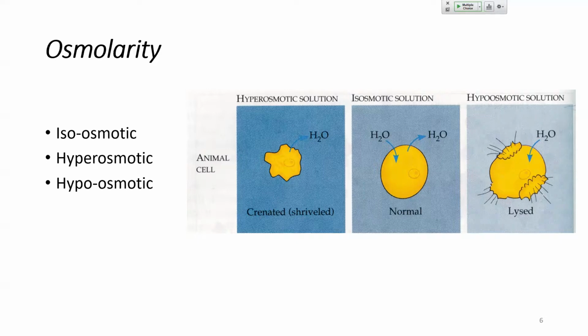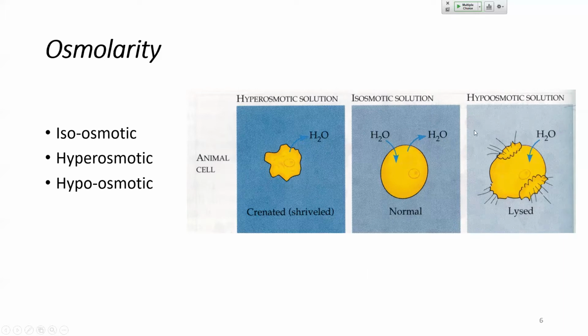Where's water at the highest concentration? Yep, that'll be inside the cell. So we've got more water inside the cell, less water outside the cell, and so water wants to move outside the cell, and that gives us this crenation of the cell where it becomes really crumpled or shriveled, and that can lead to some pathology, especially if we're speaking about red blood cells, where they lose their shape and they lose their ability to carry oxygen.